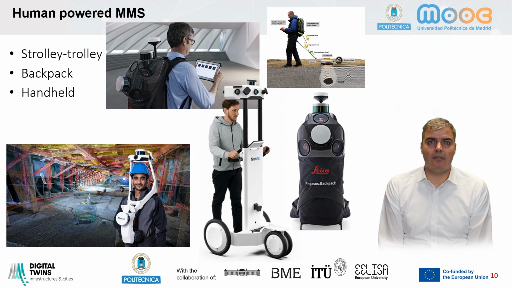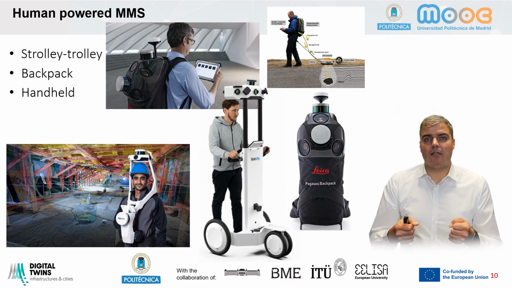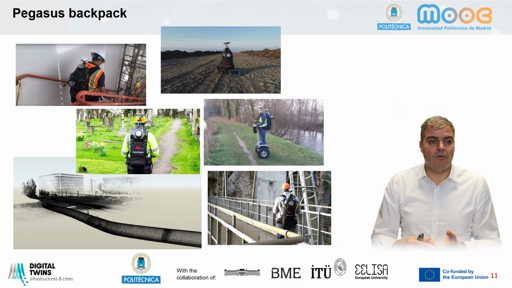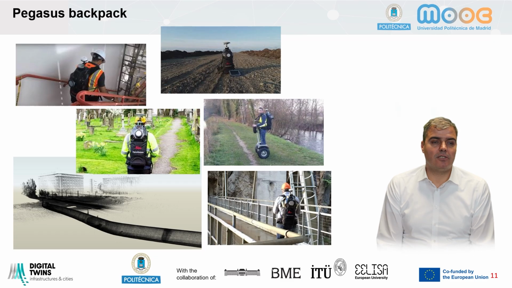So we are in the 100 to 200,000 euro range, and these systems apply laser scanners and cameras. But there are main differences. For example, if you are considering a trolley, you need a flat ground. But if you are carrying a backpack, you can go on rural areas, unpaved roads, you can walk on stairs. So there are different applications enabled with this technology.